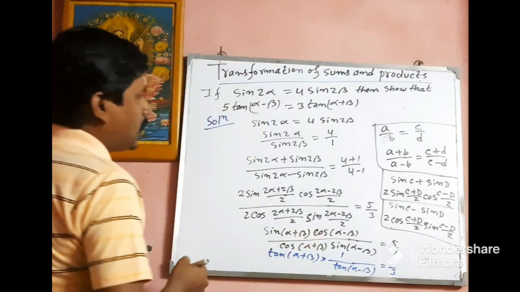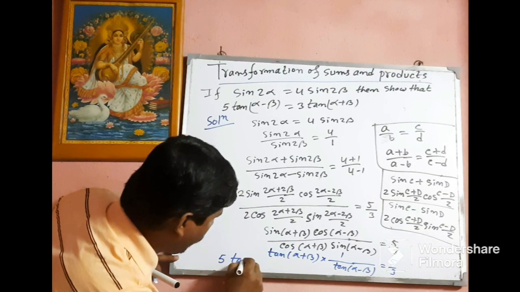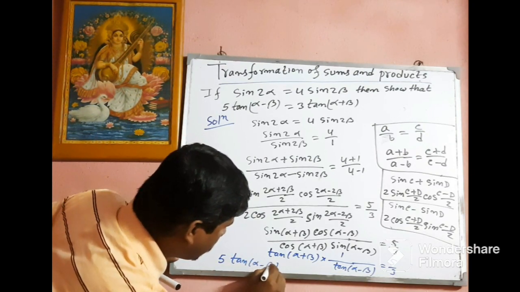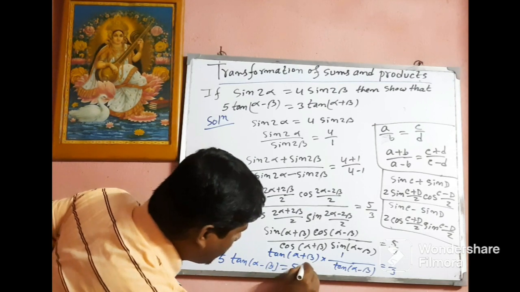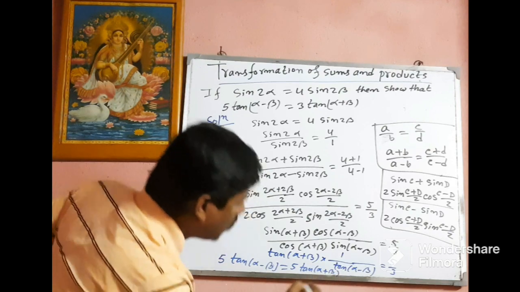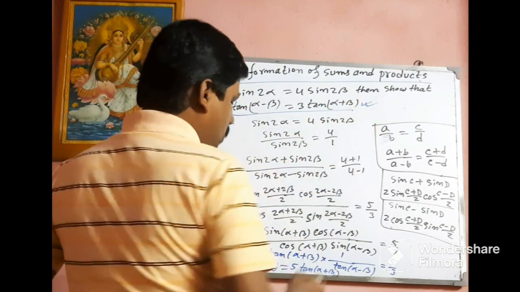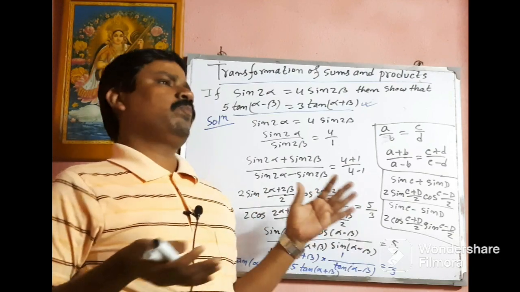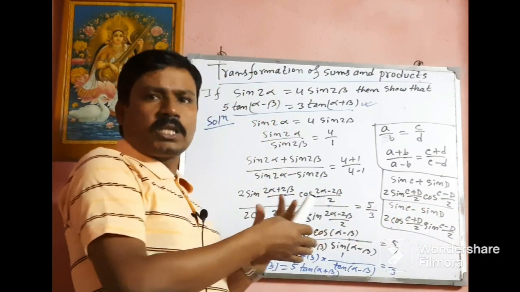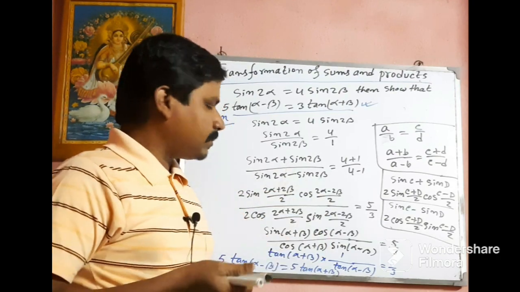By calculating, we get 5 tan of alpha minus beta is equal to 3 tan of alpha plus beta, which is our required result. This is the first example in our discussion. Now we move to the next, that is the second example.